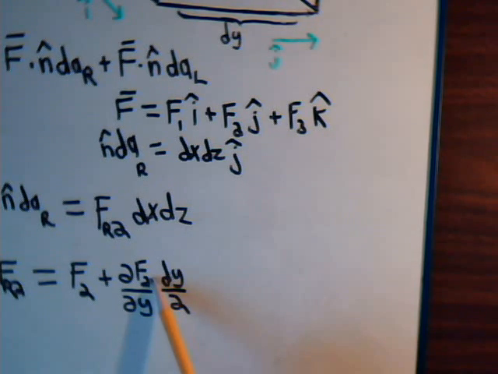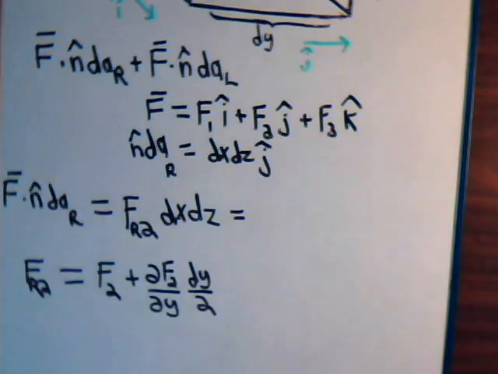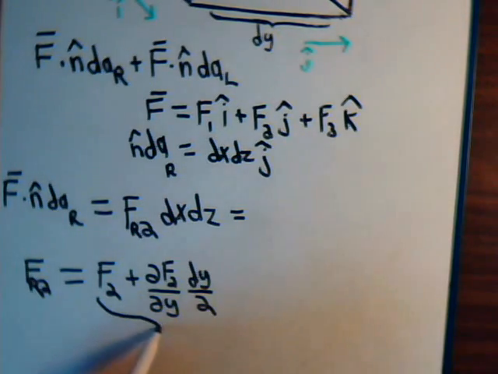That tells us how the F2 component changes with respect to the variable y, times the amount of change in the variable y. So this is our value for F2 at the right-hand face.